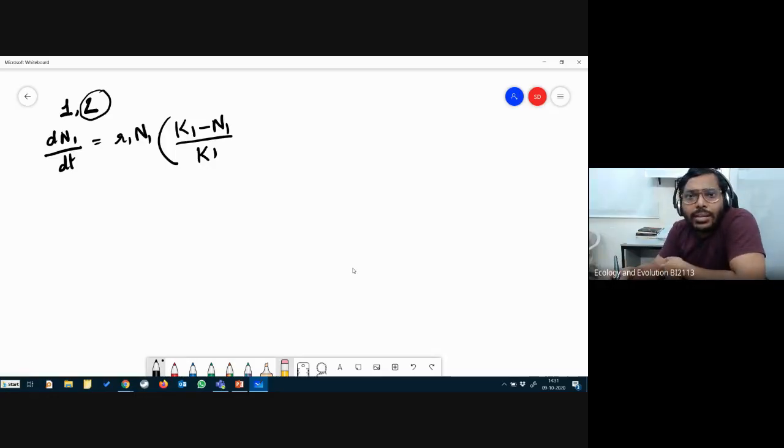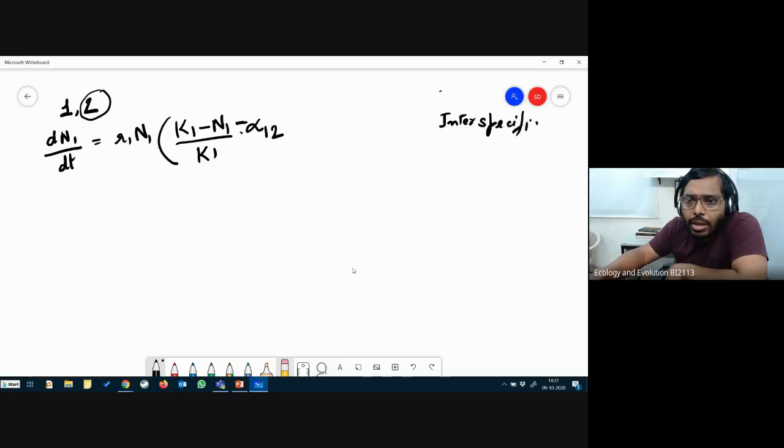But typically that will not happen. So typically you need to convert one individual of species 2 into the corresponding number of individuals of species 1. The thing that does this conversion is what is known as the interspecific competition coefficient.